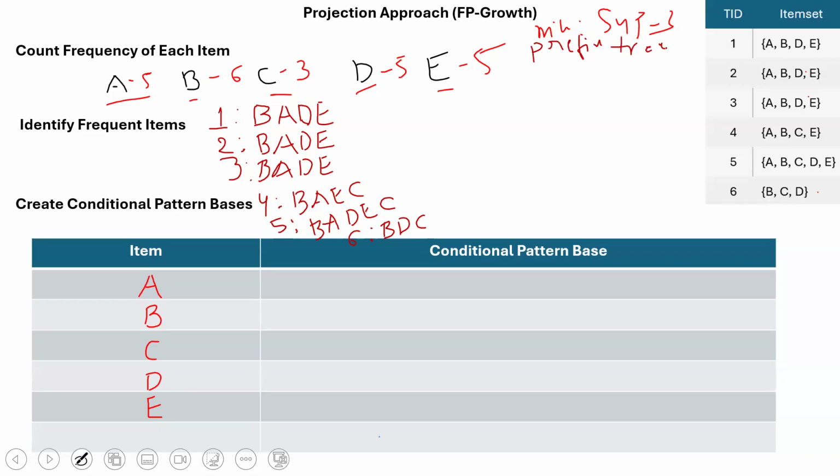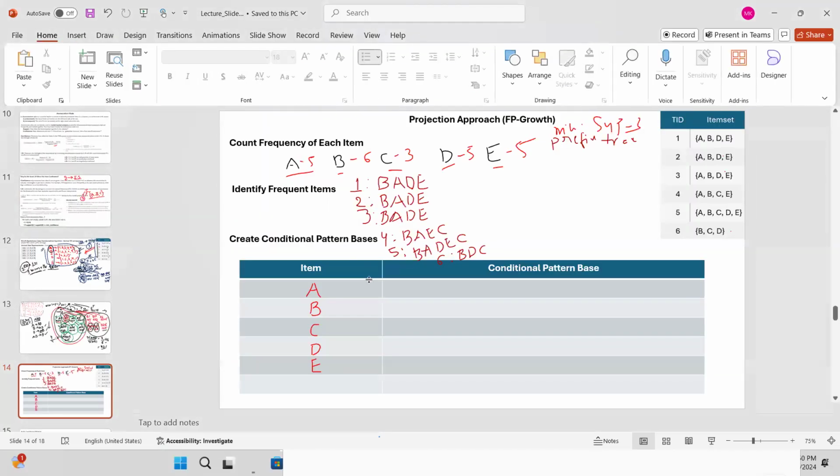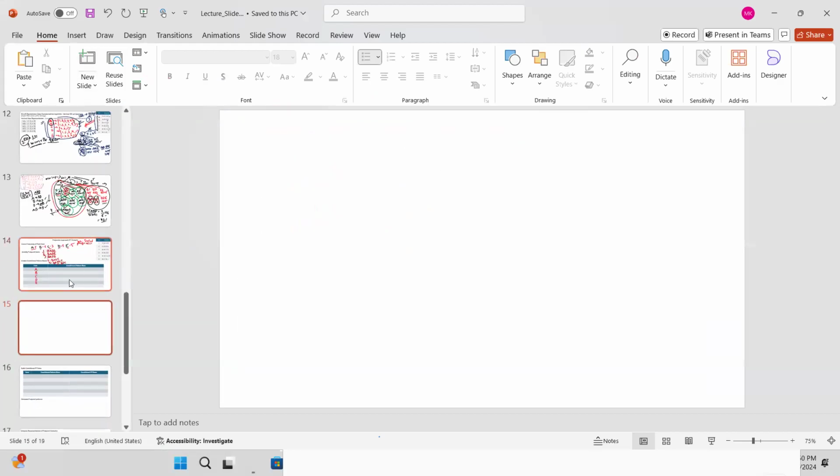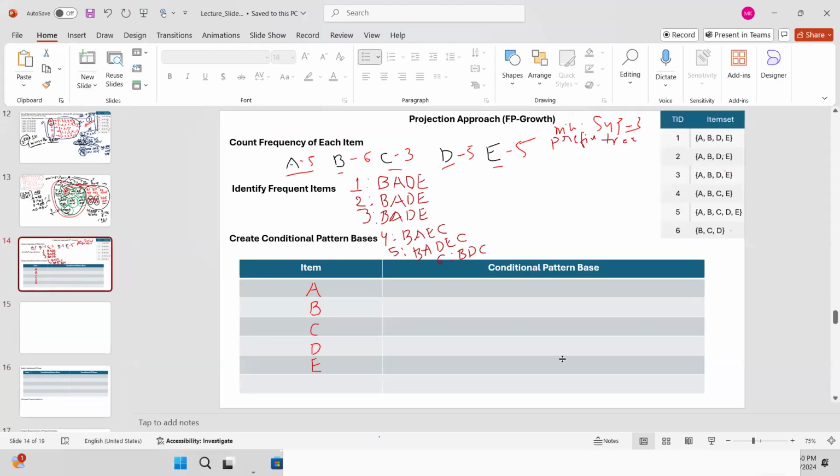So how we create the prefix tree, let me show you in another slide, which is important. Let me add a new slide and get these things there. The first step of FP growth is to get the prefix tree, which is important.